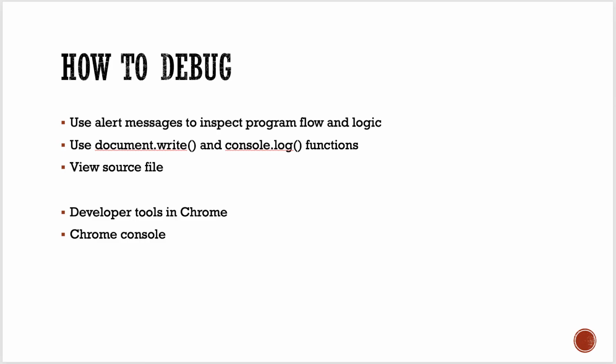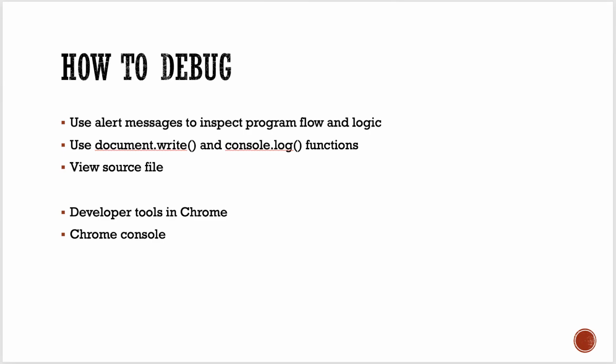The console log will write something out to the developer console. This will allow you to check where your program execution is failing. And so by using these functions, one can start identifying what the point of failure might be in any written JavaScript code.